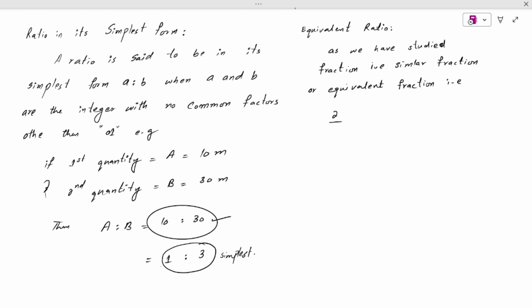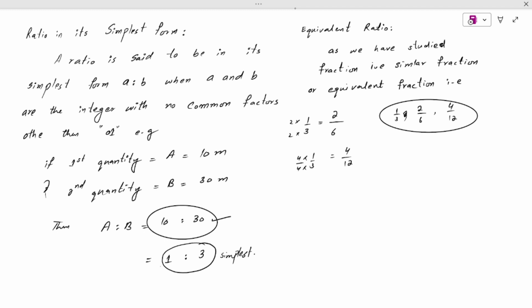If we multiply numerator and denominator by 2, we get 2 over 6, or if we multiply 1 over 3 by 4, we get 4 over 12. Then 1 over 3, 2 over 6, and 4 over 12 are obtained by multiplying numerator and denominator with the same constant. So that's why they are called equivalent fractions.